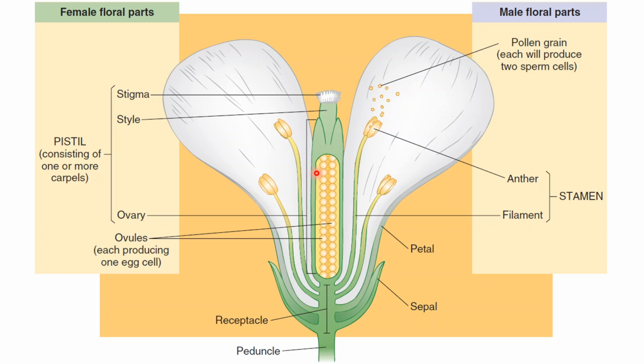If the pistil consists of one carpel, it's a simple pistil, and if it consists of several carpels that are fused, it's called a compound pistil.